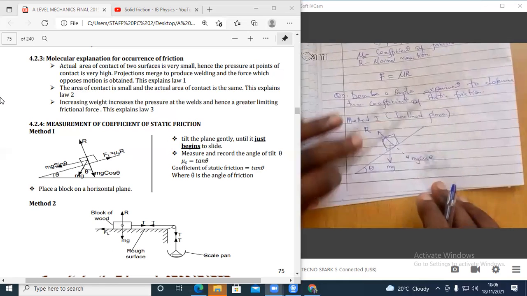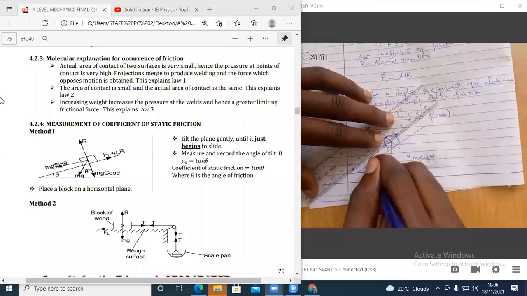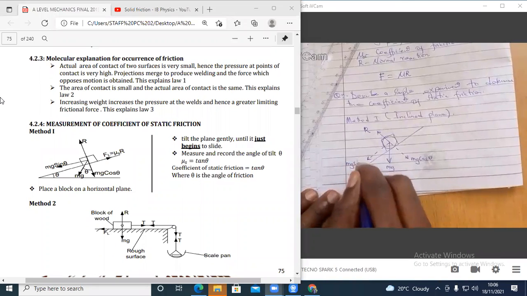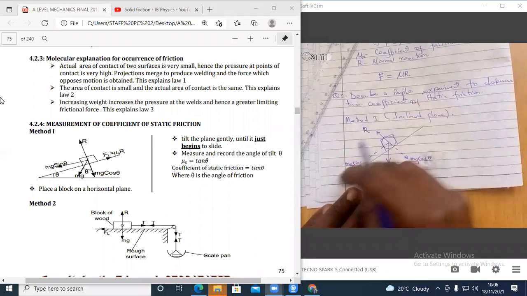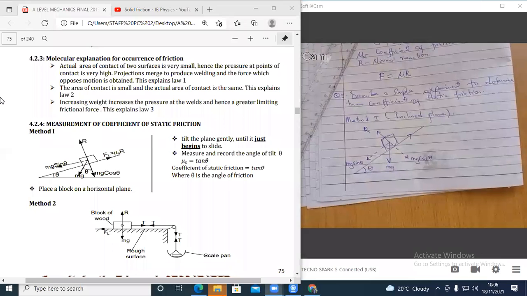That was serious. We know this. There's always that component which acts downward. This one we know: mg sine theta. So it is rolling down, which means frictional force must be acting upward, because it opposes the motion.